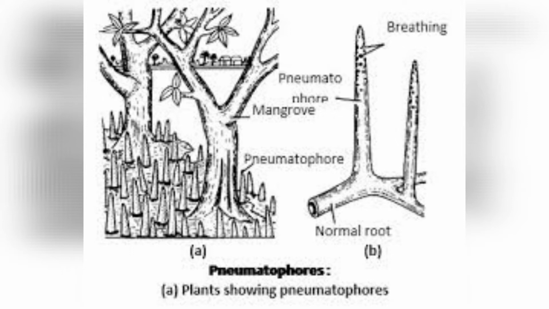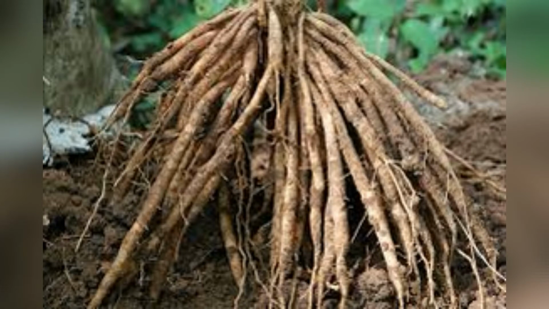Next is the adventitious root modification. First is asparagus. In asparagus, a number of swollen roots are seen at the lower node of the stem, which is called a fasciculated root.